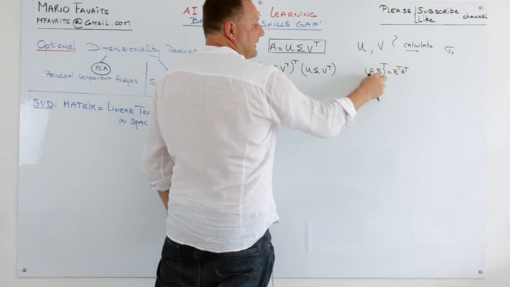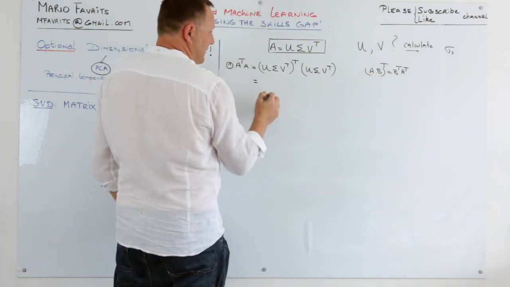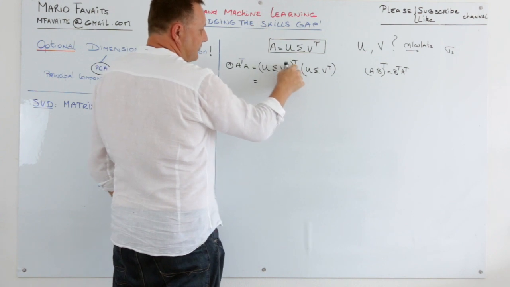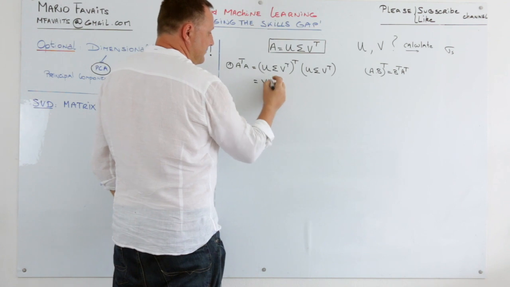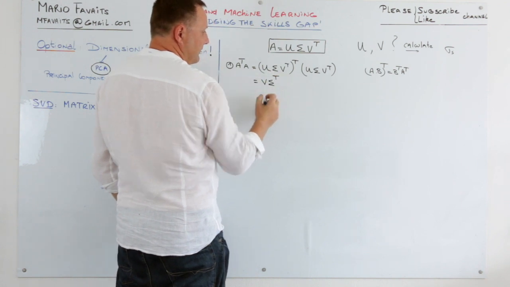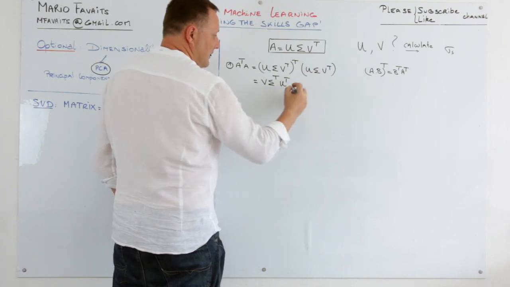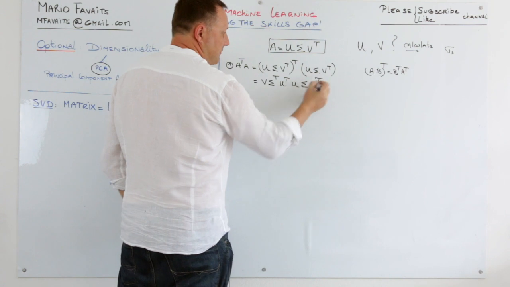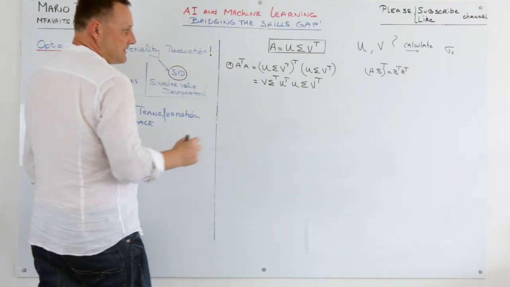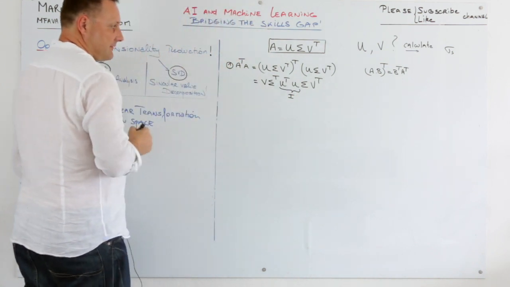In order to calculate this, you need to swap the order. So V transpose transpose becomes V. Then this becomes sigma transpose and U transpose. So we have U here, then again sigma V transpose. Now this here is of course the identity matrix.